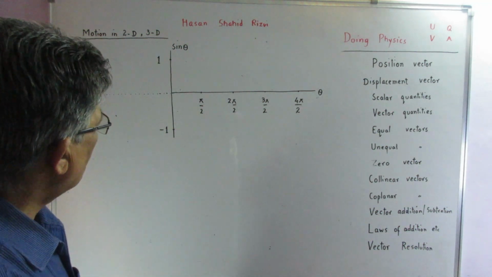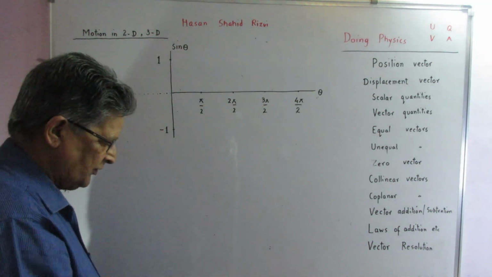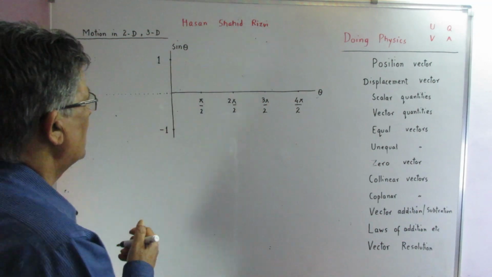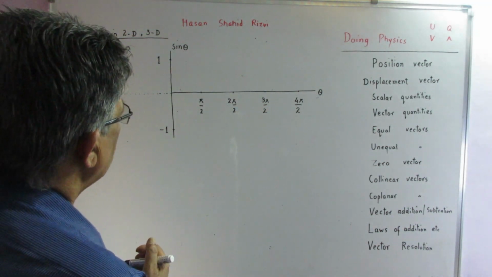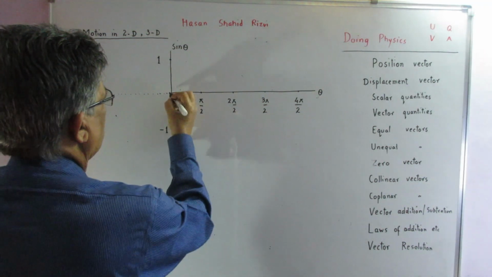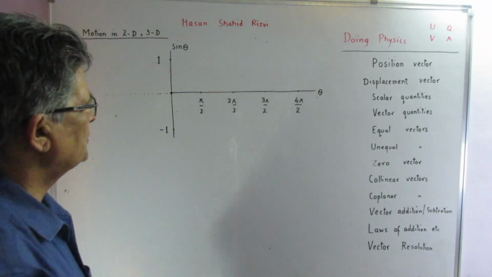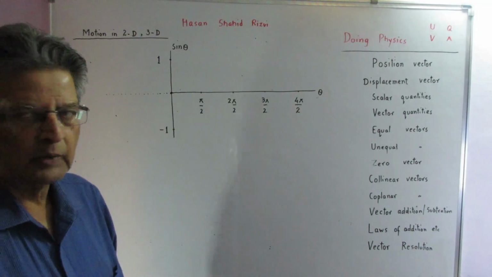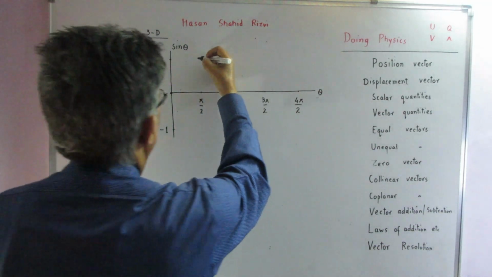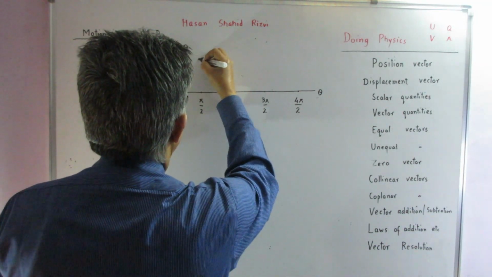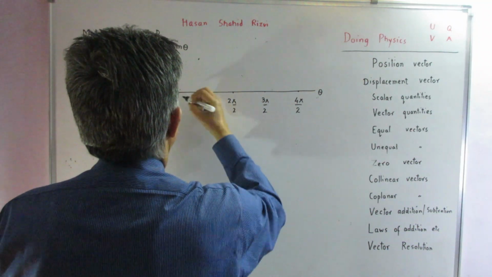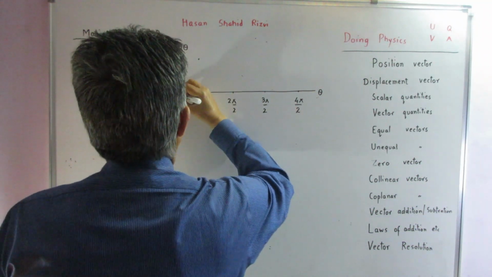If we do so, then as most of us know, the value of sine theta when theta is equal to 0 is 0, and when theta is equal to 90 degrees or pi by 2 radians it is equal to 1.